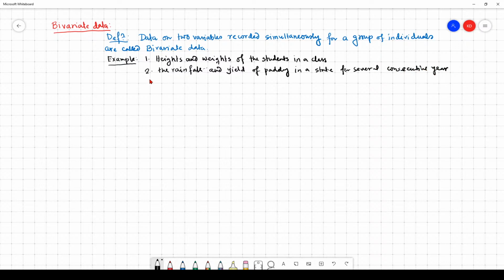Another example: the marks obtained by a group of students in the test and the final exam.